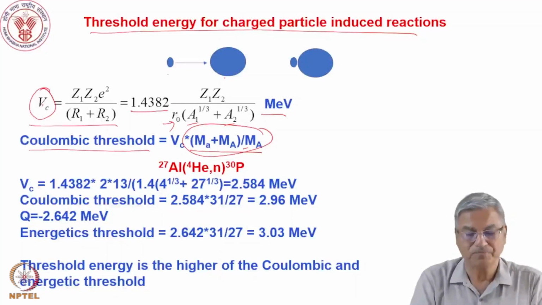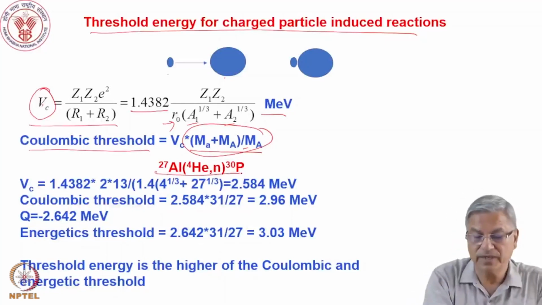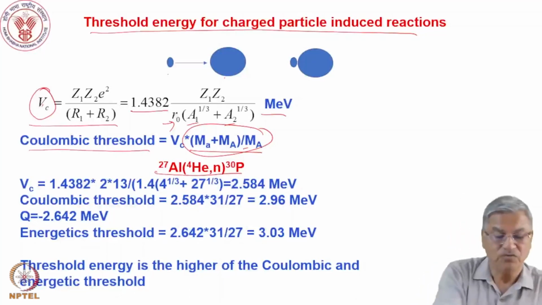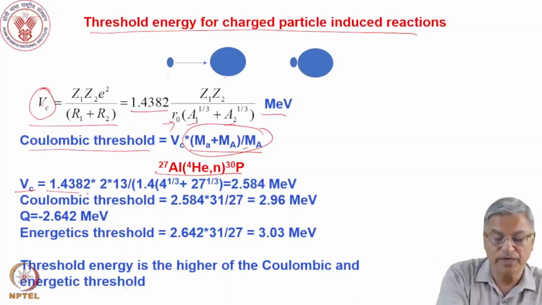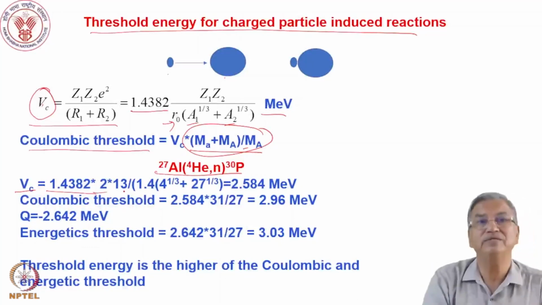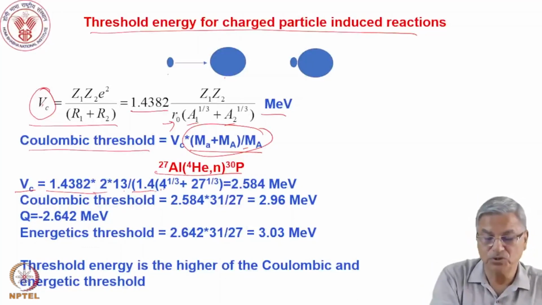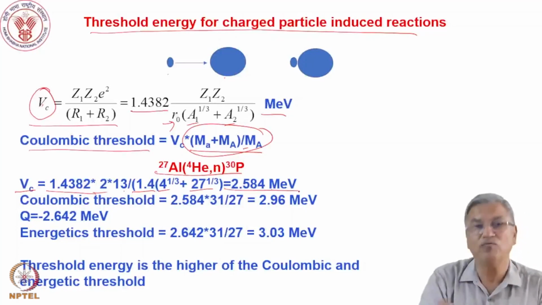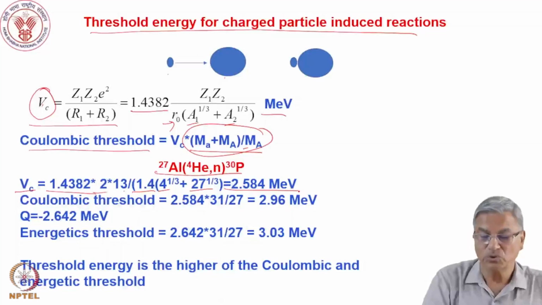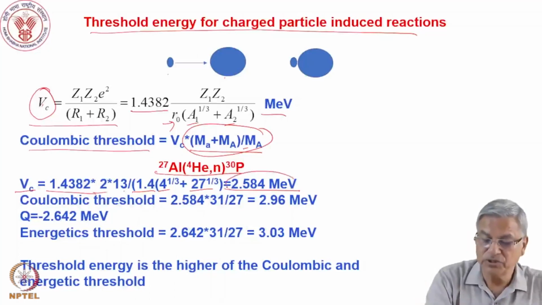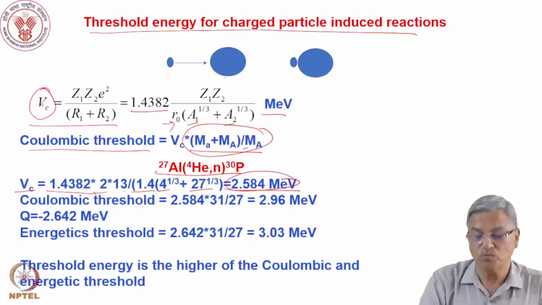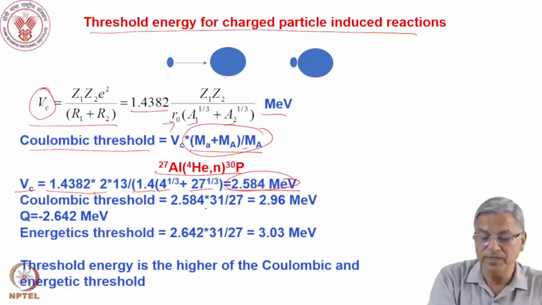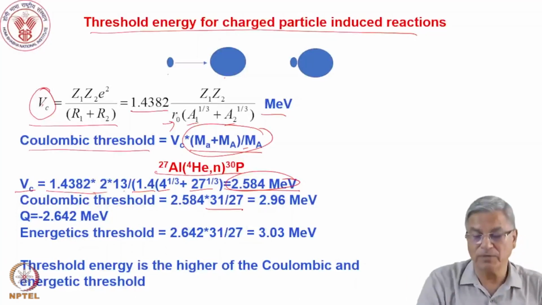So for this reaction, again aluminum-27 alpha n phosphorus-30, Vc will be equal to 1.438 into 2 into 13 upon R0 times A1 to the 1/3 plus A2 to the 1/3, so that is 2.584 MeV. And so the energy in the center of mass should be equal to 2.584, and accordingly the projectile energy in the laboratory will be higher by this much factor, 31 by 27.